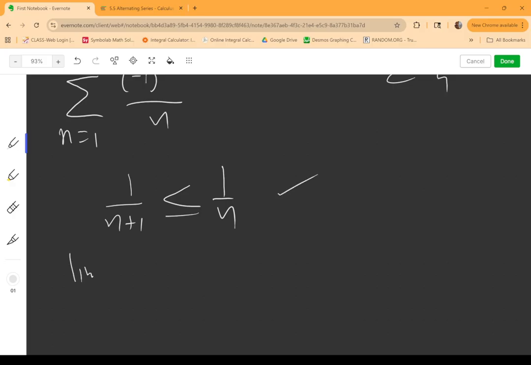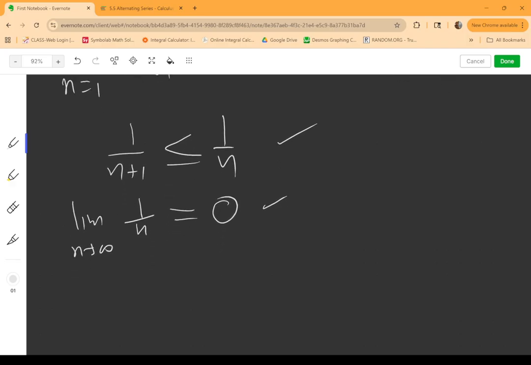And also the limit as n goes to infinity. Now remember, when we take these limits, it's of the non-alternating part. We ignore the (-1)^(n+1), whatever that happens to be. In this case, the limit is 0, because n just grows infinitely large in the denominator. So both of these are met here.